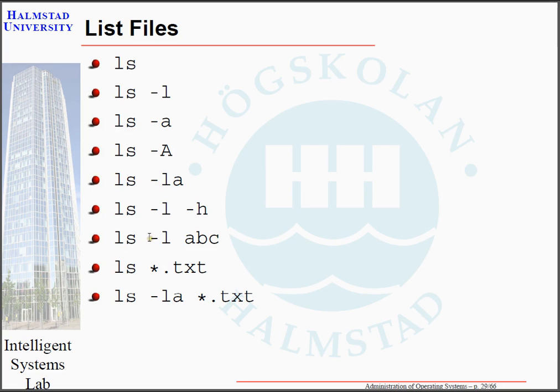Those things that start with the dash or minus sign are called options. They, in general, modify how the command operates. And those things that don't start with a dash are arguments.